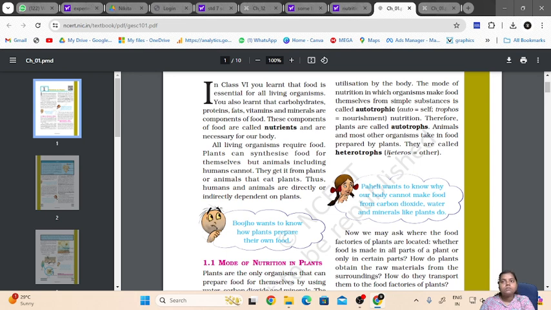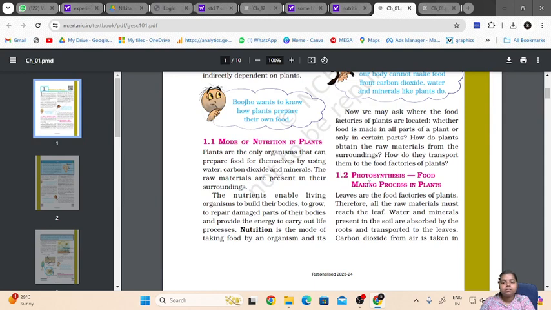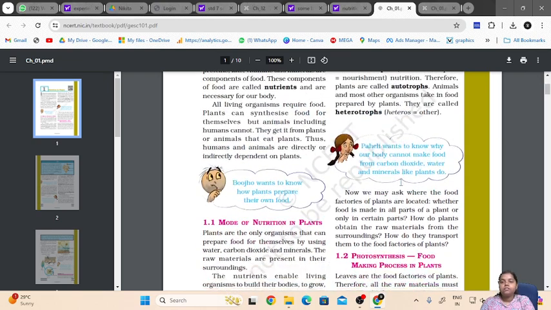Those organisms that take in food prepared by plants are called heterotrophs. Then photosynthesis is the food making process which takes place in the plant, in the leaf, the part of the plant. That we have learned.